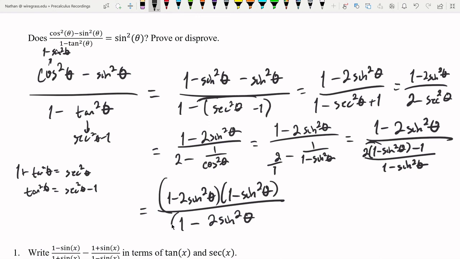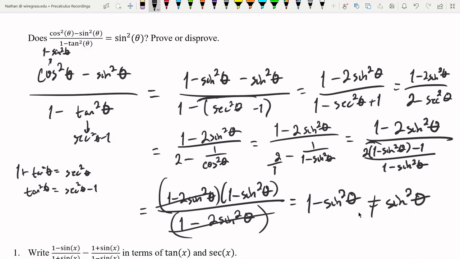Well, that's interesting because these cancel. And I get 1 minus sine squared theta. But 1 minus sine squared theta does not equal sine squared theta. So this does not equal sine squared theta. So therefore, these cannot be equal. This is not a valid trig identity.